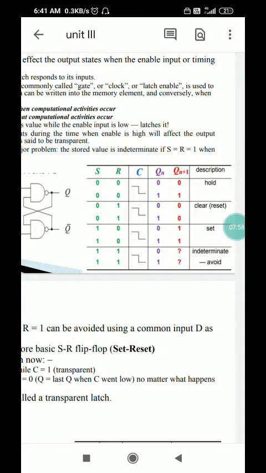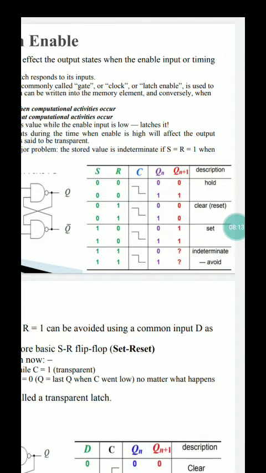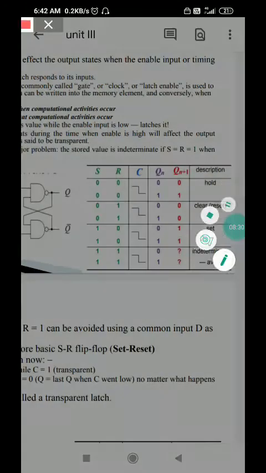Qn is the present state and Qn plus 1 is the future state. After applying a typical combination of inputs, how Q gets modified, that output is labeled as Qn plus 1. So for S R 0 0 and falling edge, if Qn is 0, Qn plus 1 will also be 0, means in the output there will be no change.